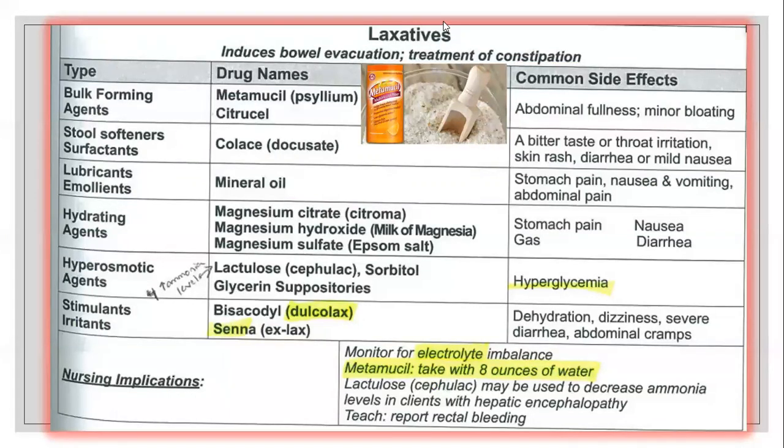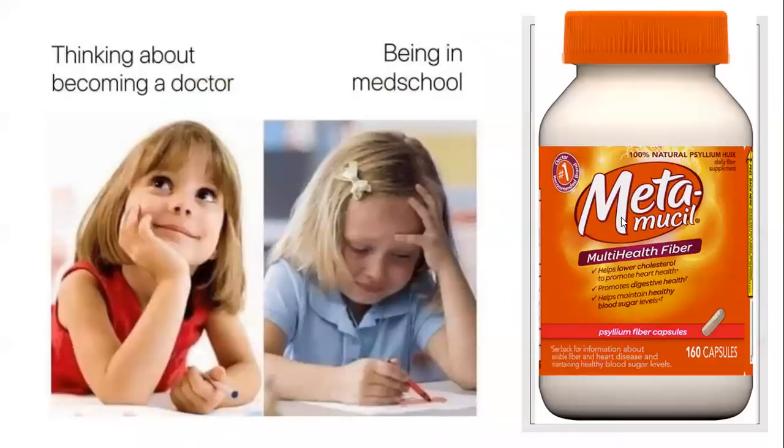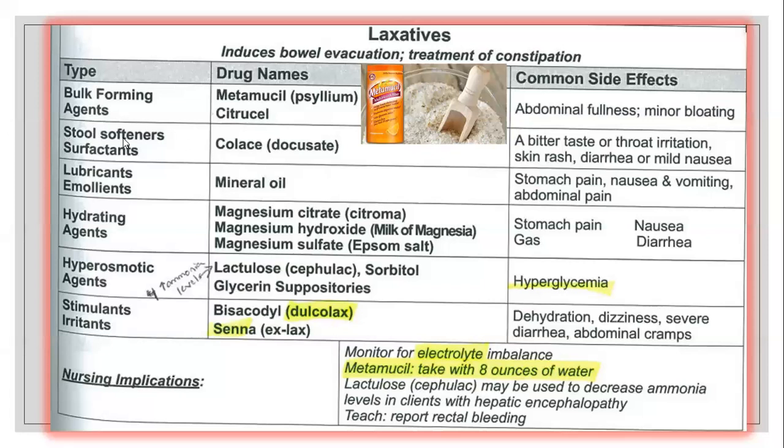Laxatives are used to increase bowel evacuation and to treat constipation. Here are the drug names, types, and common side effects. Bulk-forming agents, usually Metamucil or psyllium. Stool softener, docusate.